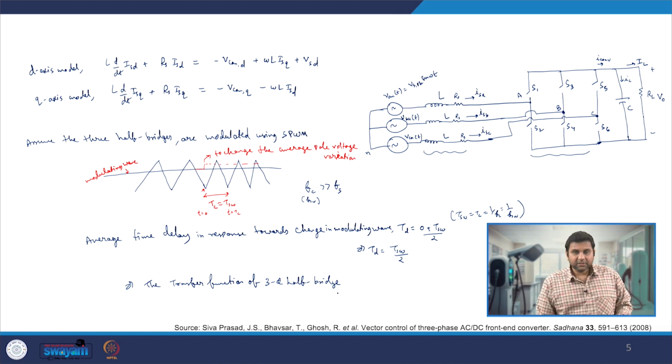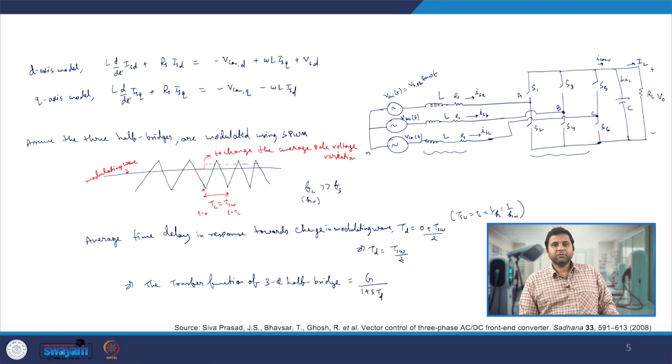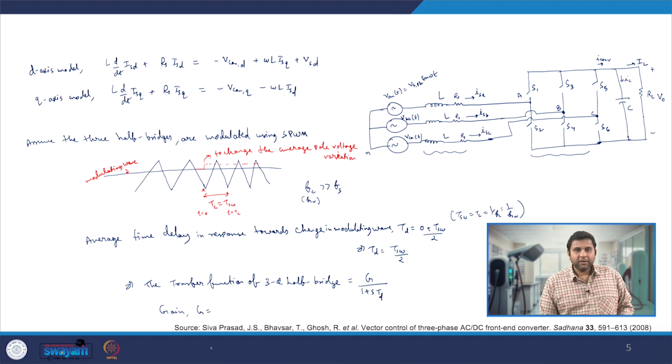So the transfer function of this three phase half bridge is G by 1 plus S TD, where TD is T switch by 2, and G is the gain, which we can write as V naught by 2 divided by Vc.